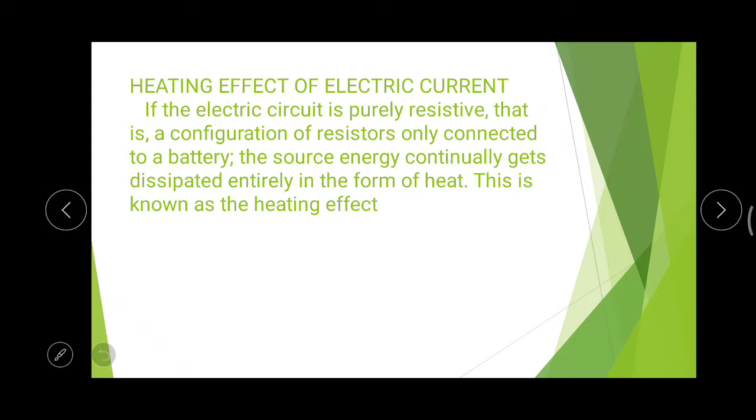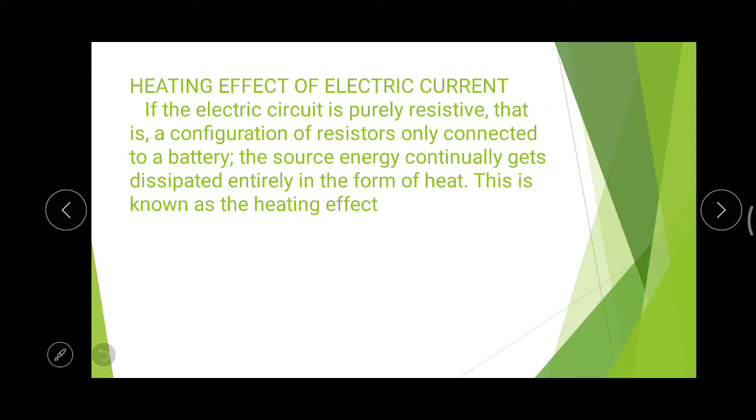So actually in the ceiling fan, what is happening? The electrical energy is converted to mechanical energy. But whenever excess electric energy reaches the fan, that the fan does not need, that energy will be converted into the form of heat energy.